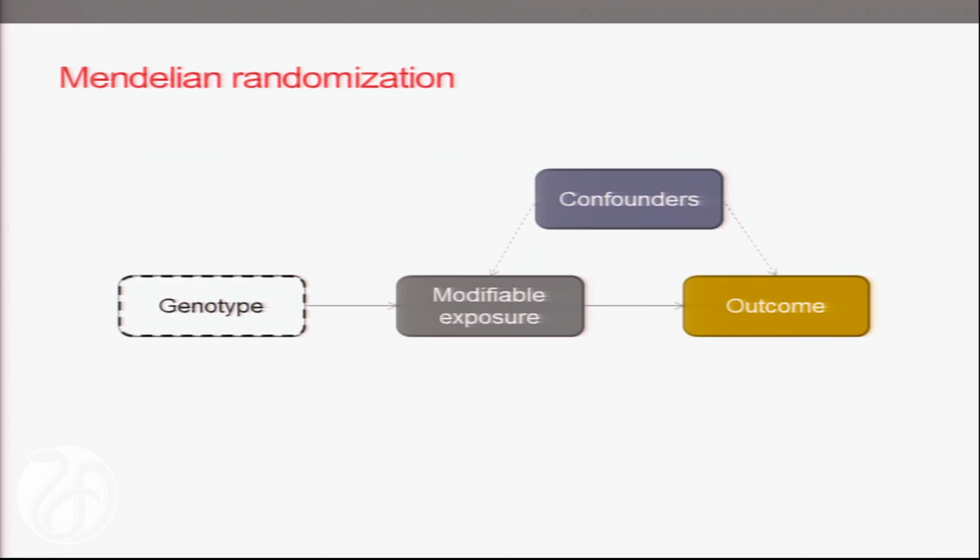In an econometrics framework, it's called instrumental variables analysis. In this context, it's called Mendelian randomization because we use a genetic proxy, or a genetic instrumental variable, as a surrogate measure instead of our modifiable exposure. And because our genotype isn't subject to reverse causation and can't largely be confounded, it gives us a much more secure causal anchor and allows us to make inferences about our exposure with regard to our outcome.